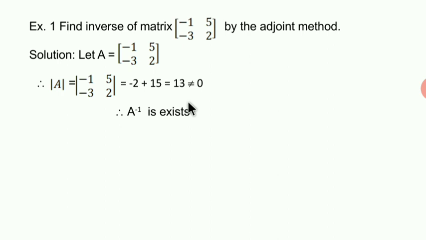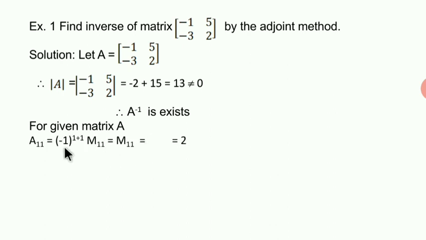Now, first we find the adjoint matrix, and for that we require cofactor of each element. So, for given matrix A, A11 is equal to (-1) raised to 1 plus 1 into M11. M11 is the determinant obtained by deleting first row, first column. That means it is determinant 2 and it is equal to 2.